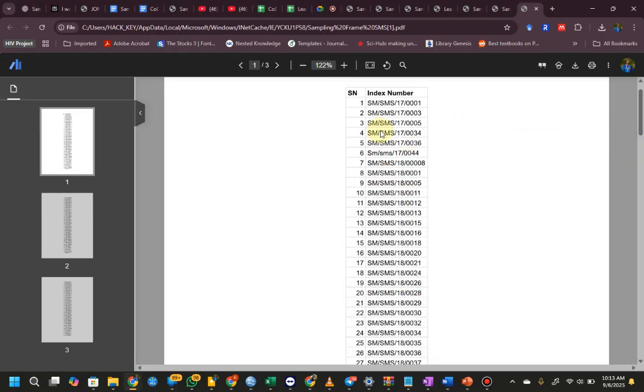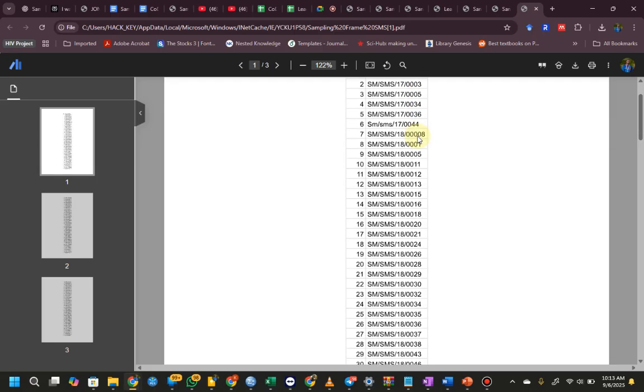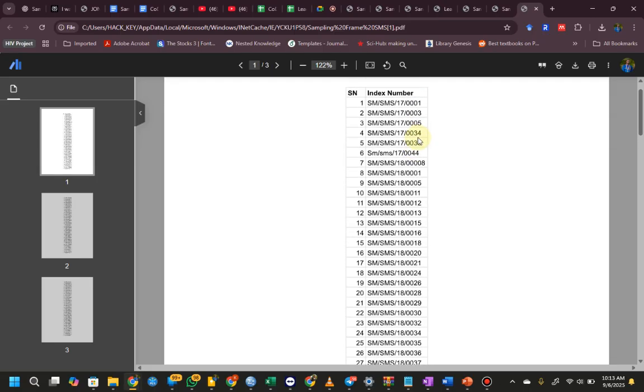So if you have the SMS and you open it, you see this is how a sampling frame would normally look. Definitely, there will be additional information. This list you are seeing is index numbers for School of Medical Science students some time ago. Some have completed.